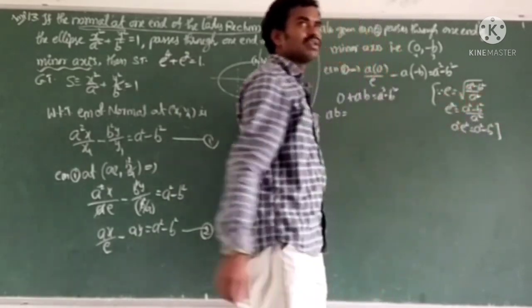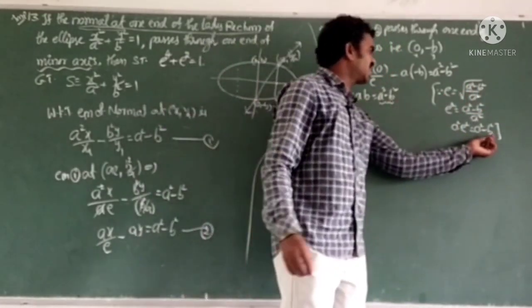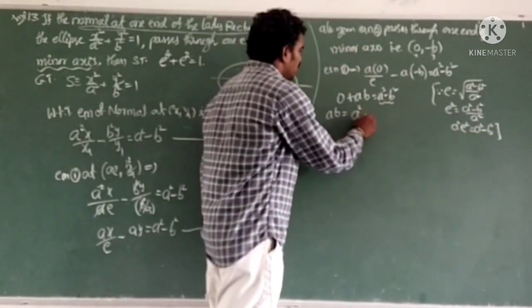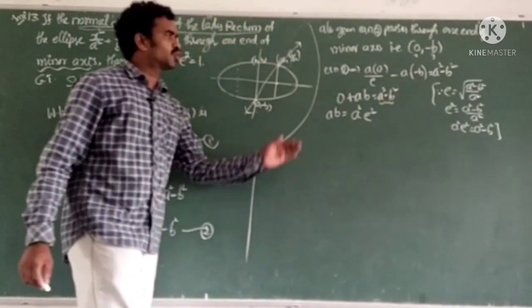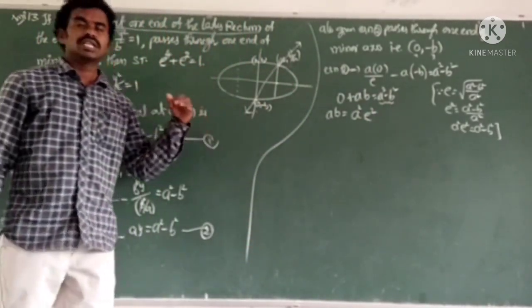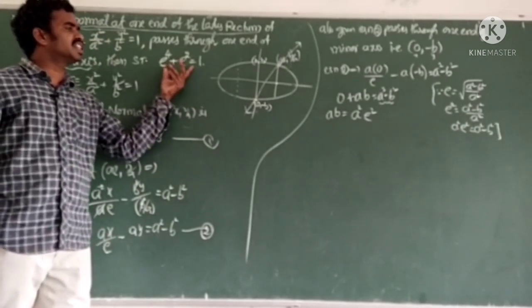So up to here, a² - b² means a²e². Here what do we have to do? The total terms we should transform into terms of e. Then only can we finally get the condition in terms of e.